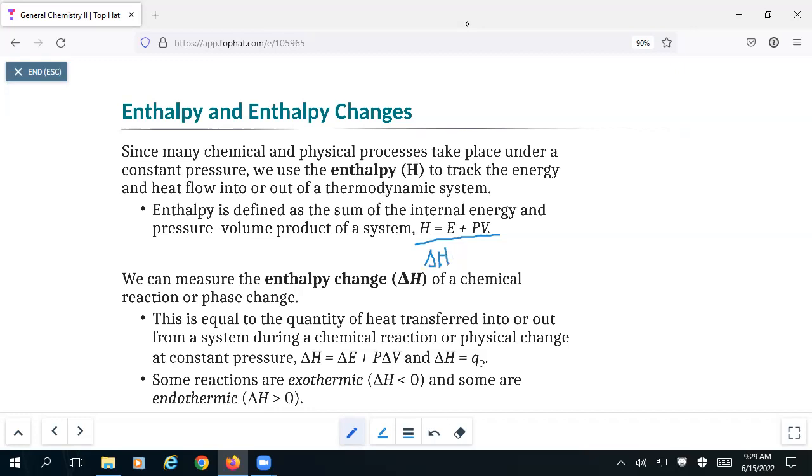And if we apply that change, the change in enthalpy would be equal to the change in energy plus the change in the pressure volume product.